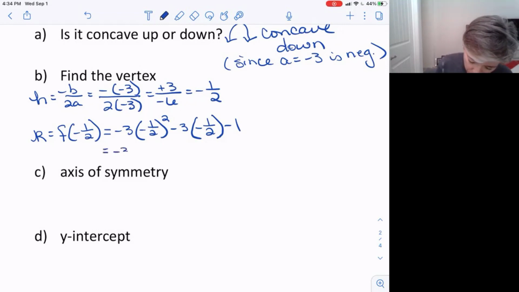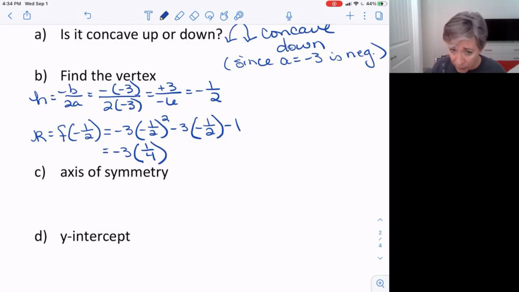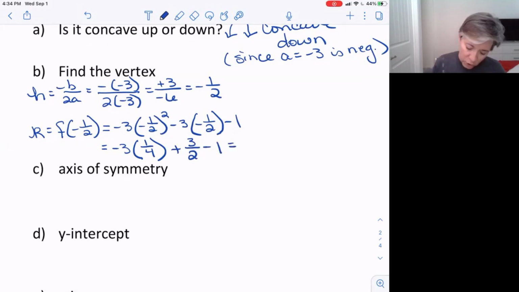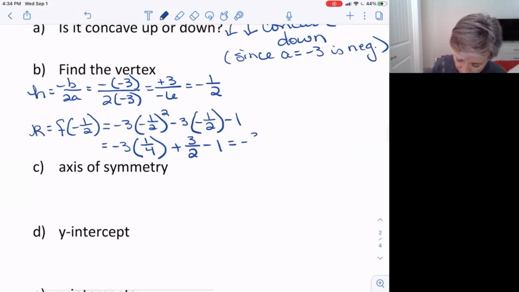We have a negative 3 times a negative 1/2 squared is a positive 1/4. Remember, you have to do your exponents before you multiply. Negative 3 times a negative 1/2 gives us a positive 3/2 minus 1. And then starting again, negative 3 times a positive 1/4 gives us a negative 3/4.